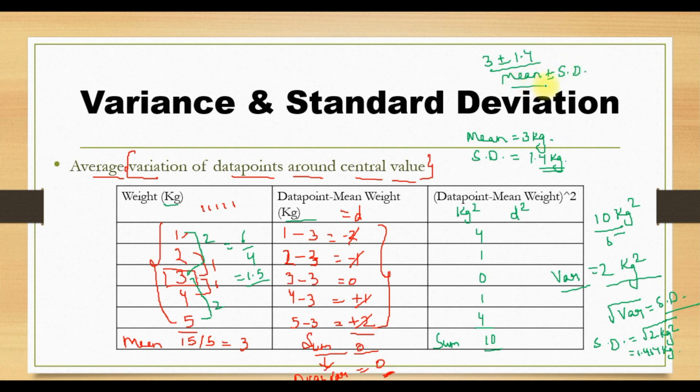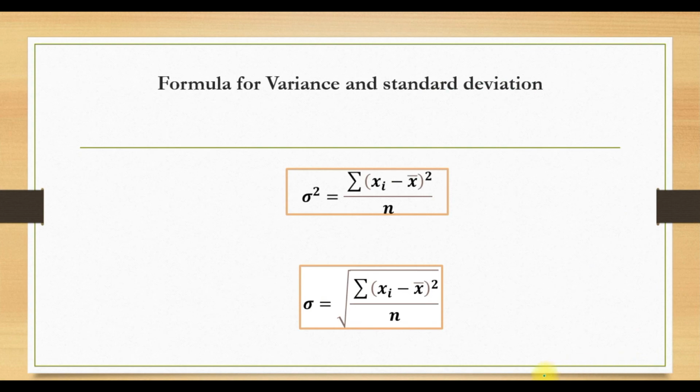Mean represents the measure of central tendency and standard deviation represents the measure of dispersion around the mean value. This becomes the rationale to choose standard deviation as the measure of dispersion when we want to report the mean as the measure of central tendency.